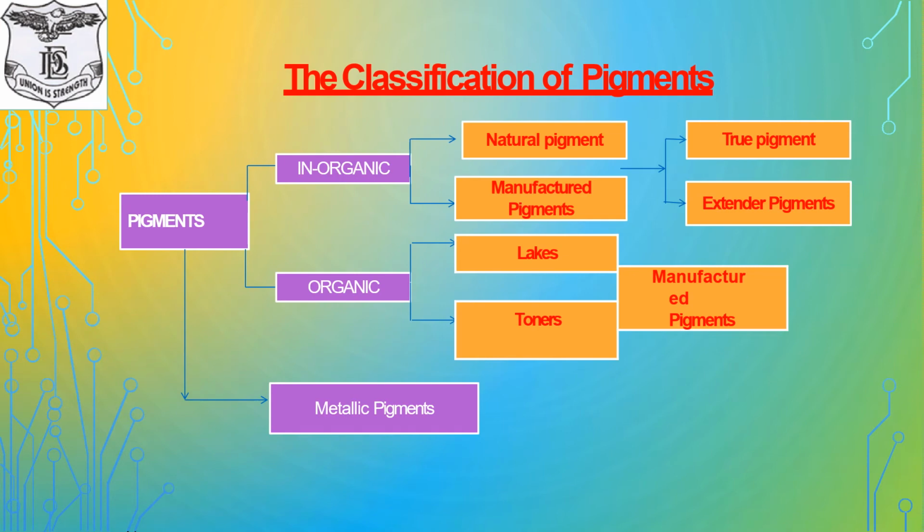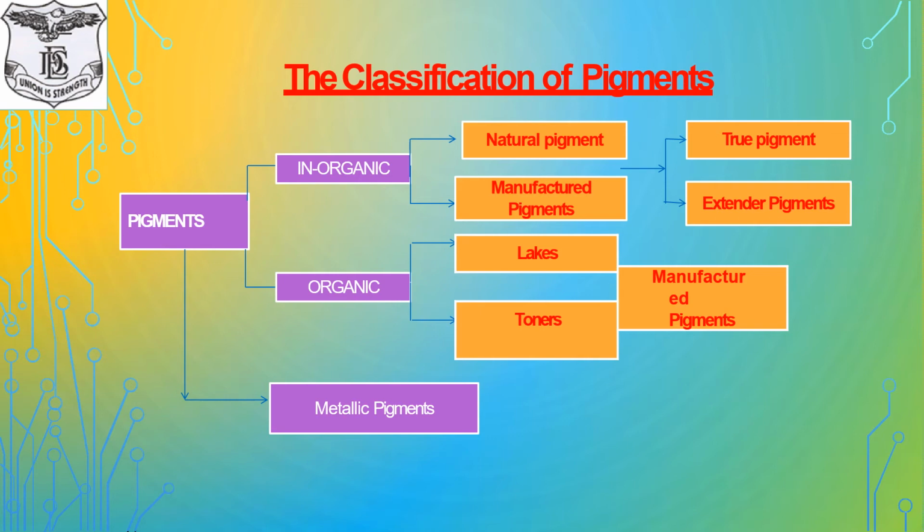So now we'll discuss the general classification of pigments. Pigments are classified basically into three categories: inorganic pigments, organic pigments, and metallic pigments. Natural pigments and manufactured pigments are in the inorganic pigments, and both natural and manufactured pigments are true pigments and extender pigments.